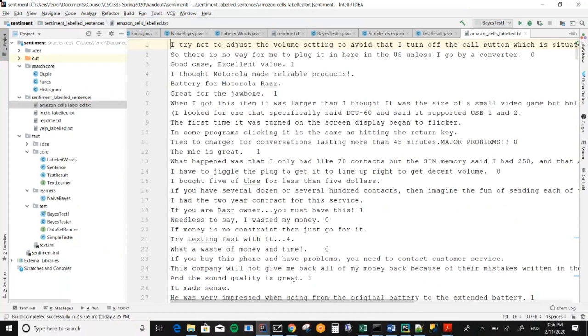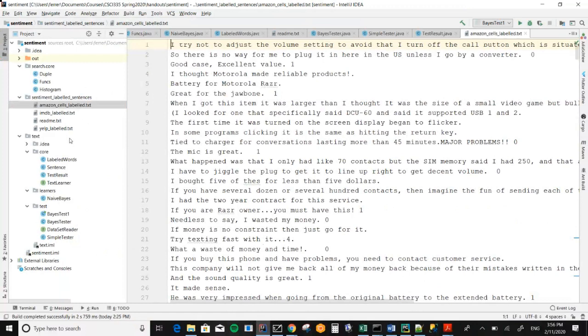That's a positive sentence. "I thought Motorola made reliable products." "Battery for Motorola Razr, great for the jawbone." That was positive. So a lot of these are fun to look at. "What a waste of money and time." That turned out to be negative. And so forth. So that's what the data set looks like.